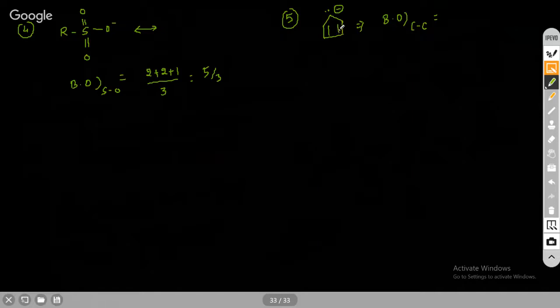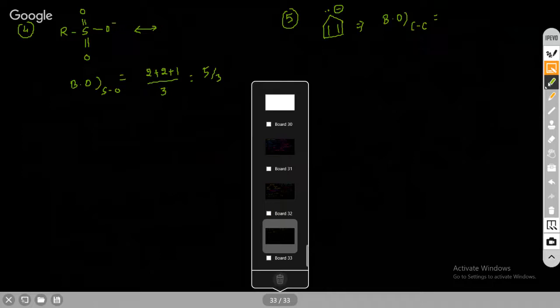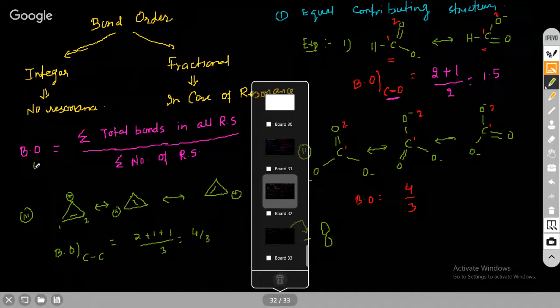Why any two? Because we are considering all the examples that we have discussed so far, and all of this we are discussing for equal contributors. Okay, this formula is applicable only for equal contributors. If equal contributors are not there, then we cannot calculate the exact bond order.